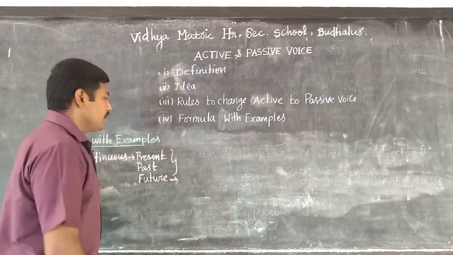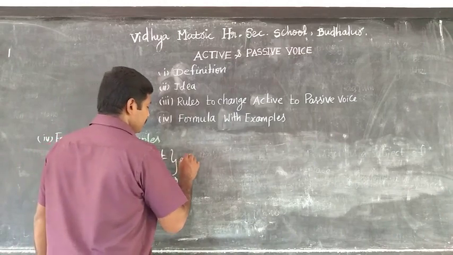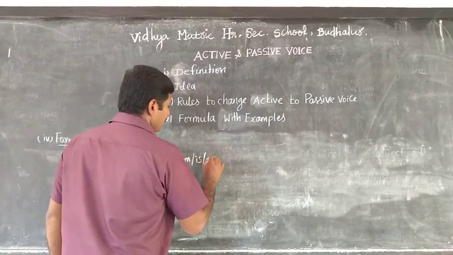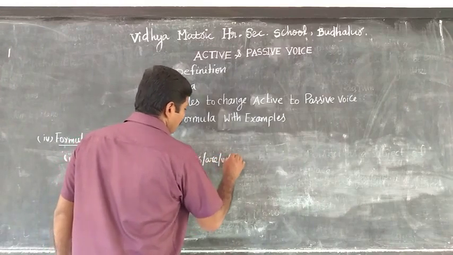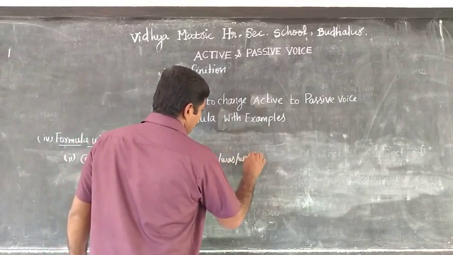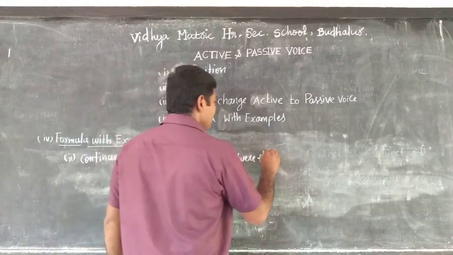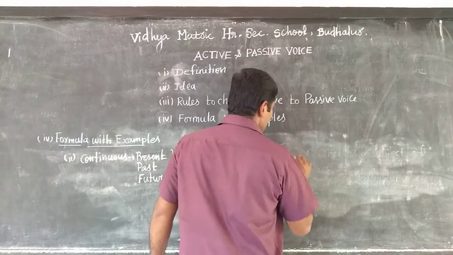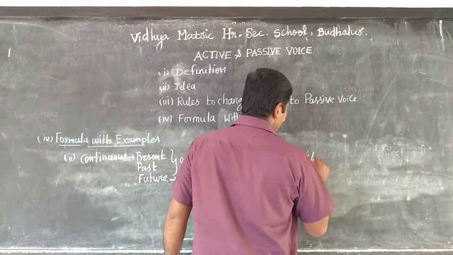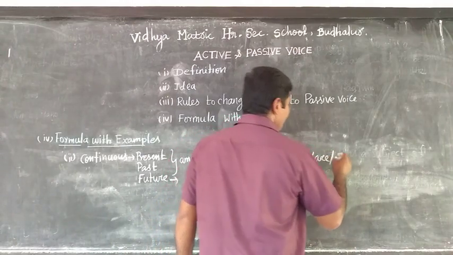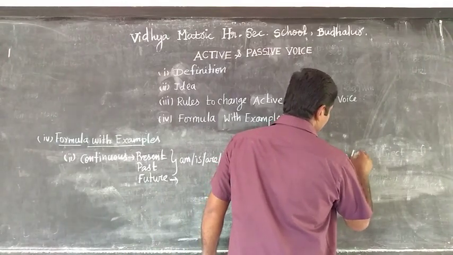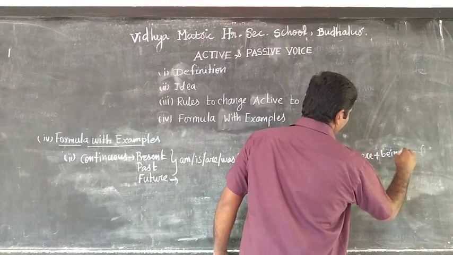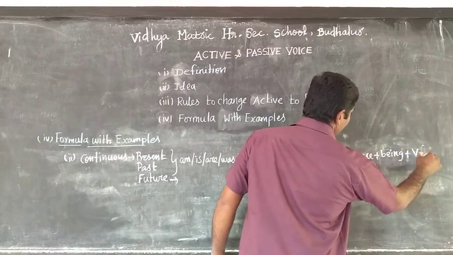Okay. In active voice, am, is, are, was, were plus V4 verb changes into am, is, are, was, were plus being plus V3.